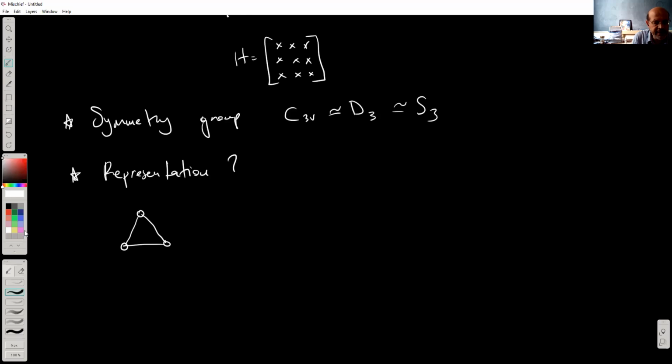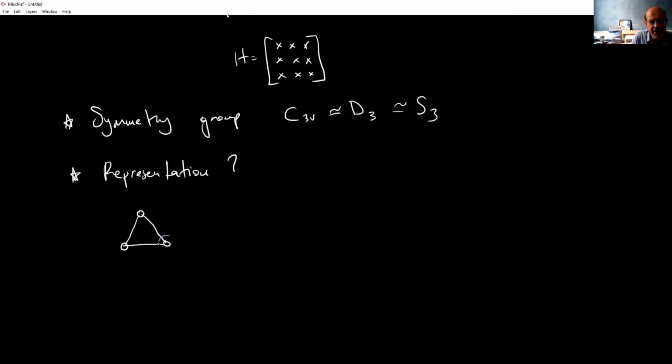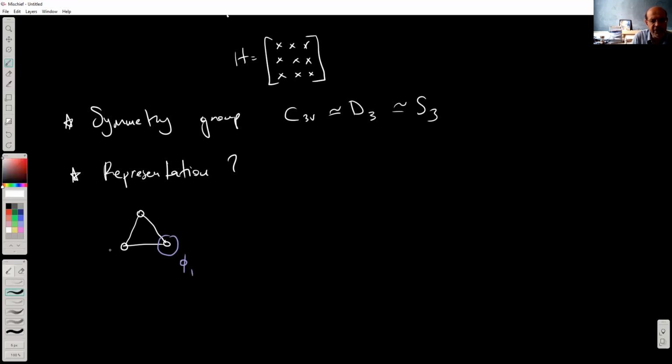And I have this 1s orbital in here, so let me call this phi 1. And let me just consider this rotation. So R is this rotation, let's say a counterclockwise rotation by 120 degrees.